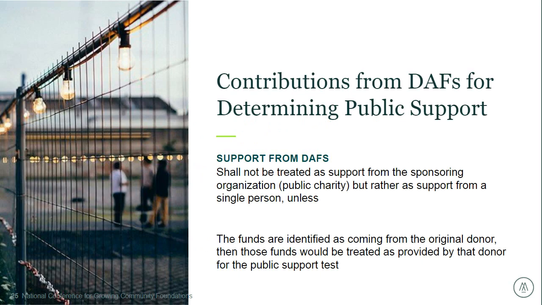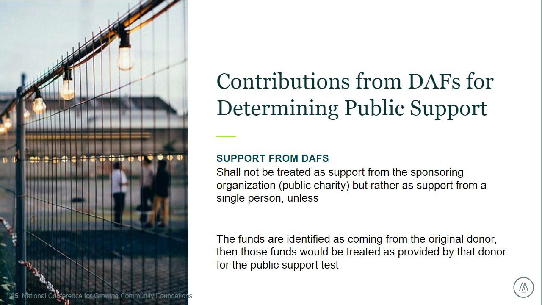Okay, a little bit switching gears here: contributions from DAFs for determining public support. So there are some changes with respect to this. Public support is part of a 990 if the organization is a publicly supported charity.